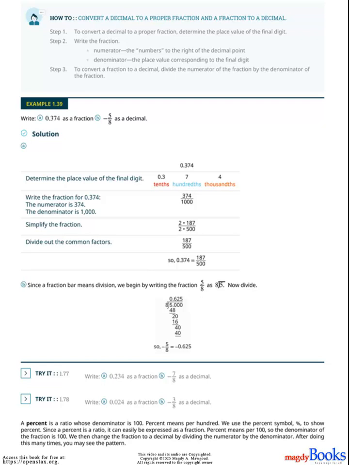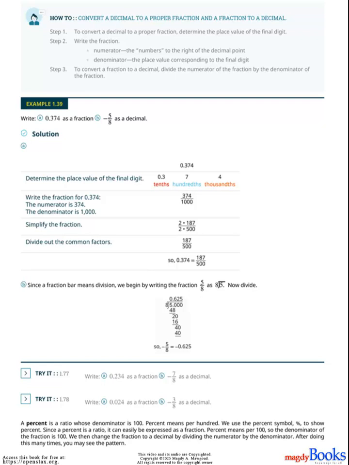The numerator is 374. The denominator is 1000. 374/1000. Simplify the fraction. 2 times 187 over 2 times 500. Divide out the common factors. 187/500. So, 0.374 equals 187/500.